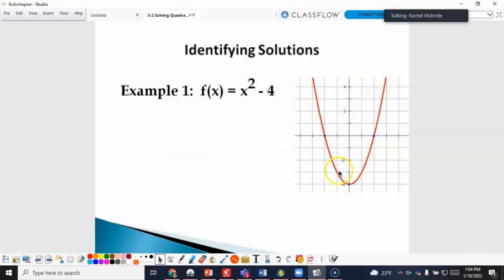If you're given a graph of a quadratic, the solutions are the points where the graph crosses the x-axis. So in this case, this graph is shifted down 4. My vertex is 0, -4.